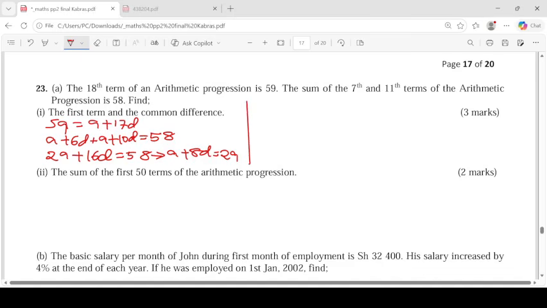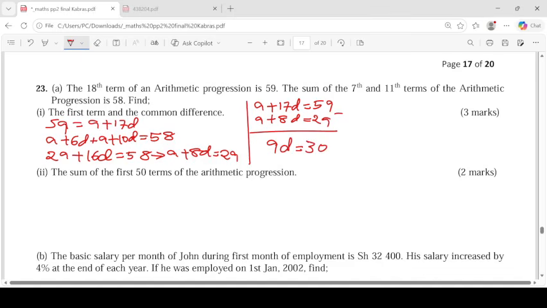So let us solve those two equations simultaneously. I have here a plus 17d being equal to 59, and now I'm having a plus 8d being equal to 29. Subtract directly and a vanishes. 17d minus 8d, this is 9d is equals to 30.